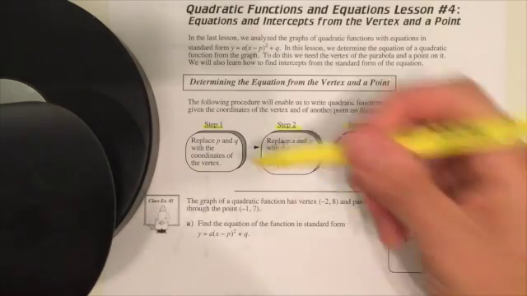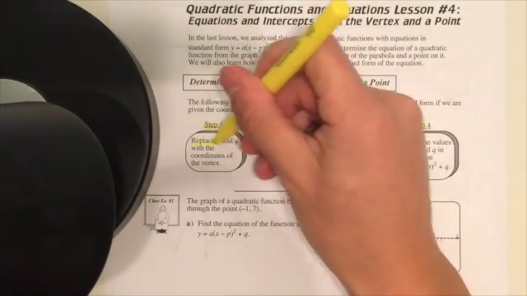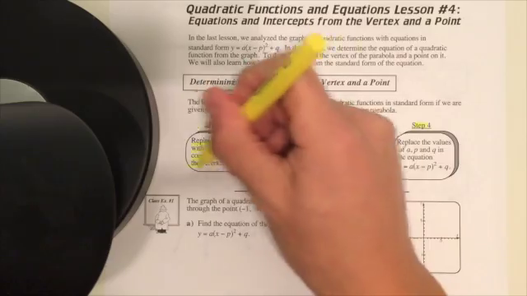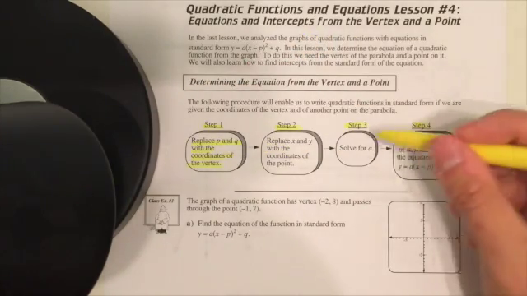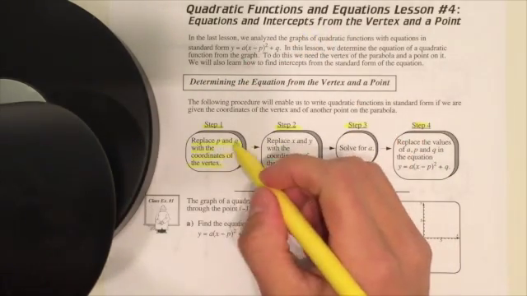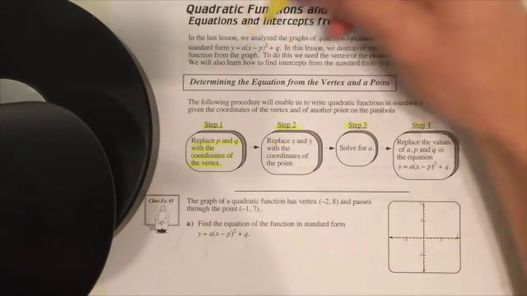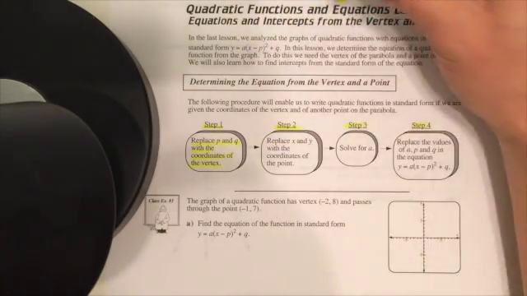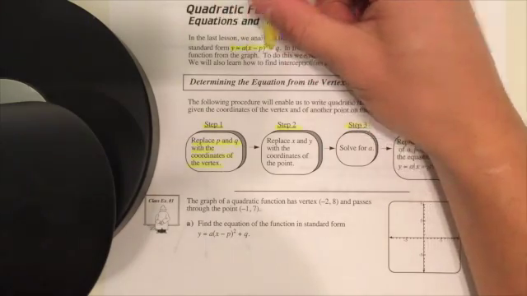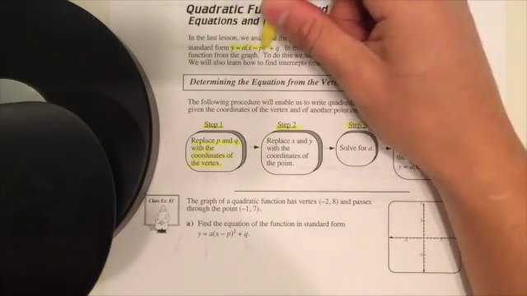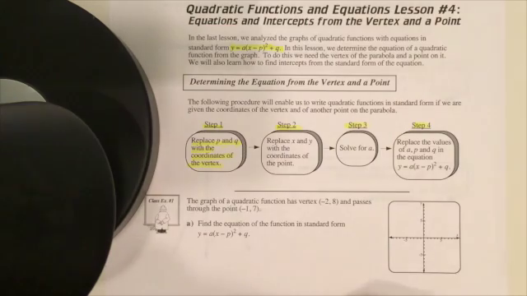For step 1, we want to replace p and q with the coordinates of our vertex. Remember that p and q refer to the equation in standard form of our quadratic function, which is y is equal to a times (x minus p) squared plus q.